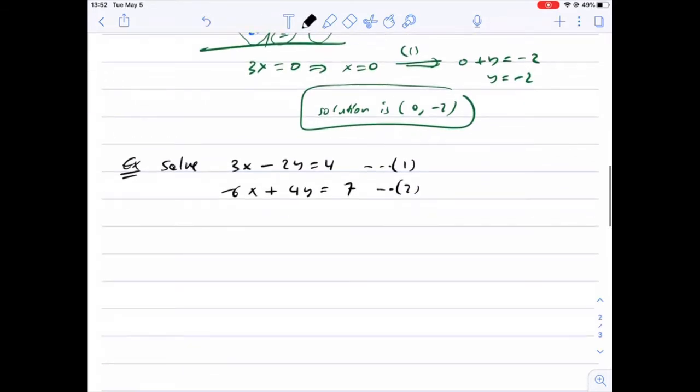This is the second equation. To solve this, maybe it's easier to use the elimination method, because if we want to use the substitution method, then we need to solve for y or for x, and in that case we get fractions. So let's use the elimination method.